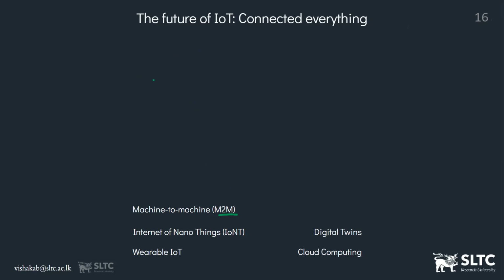Machine to machine communications involve different devices transmitting data and receiving data directly without the assistance of any other access point, and then talking amongst them.